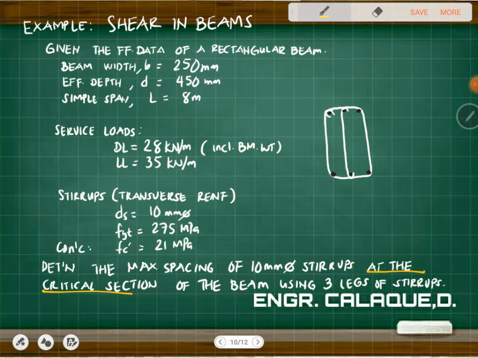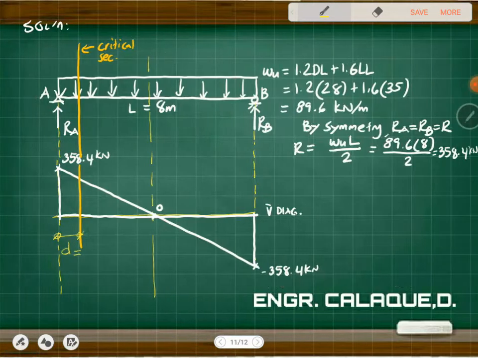So, yung effective depth natin, that is 0.45. Okay? So, if I assume this is Y, and ito length L divided by 2. Alam natin yan, kasi ito center line. So, this is 8 divided by 2, so we have 4 meter.